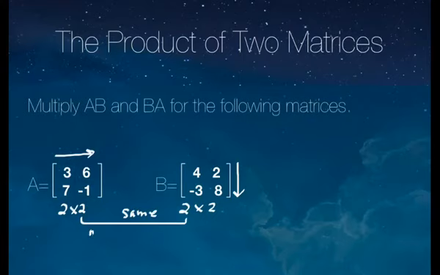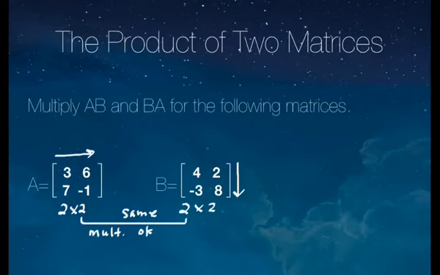What that means is multiplication is okay. If they were not the same, then it is not possible to multiply. Matrices can only be multiplied when the inside dimensions are exactly the same. So all matrices that are the same size, 2 by 2s, 3 by 3s, can be multiplied towards each other in any way, because it's all the same number.